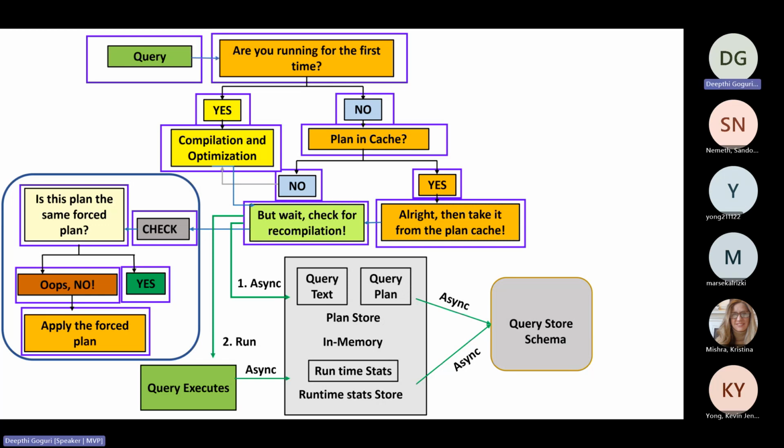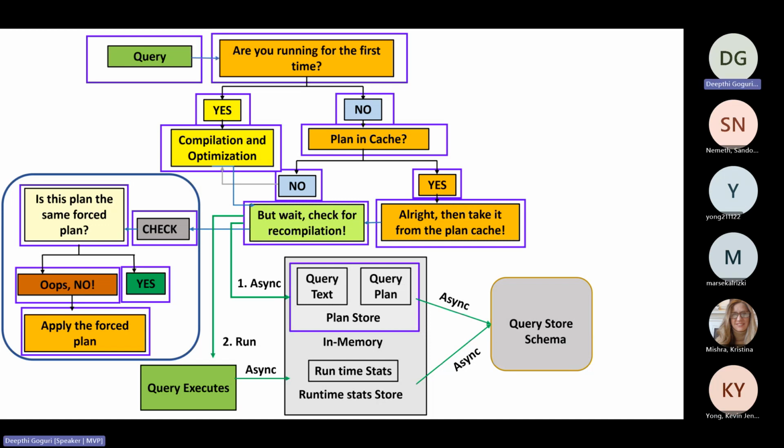Those are the plan store and the runtime stats store. So the first thing that will happen before the query goes to the execution phase is it will capture the query text and the query plan inside the plan store here. And this process will happen asynchronously.